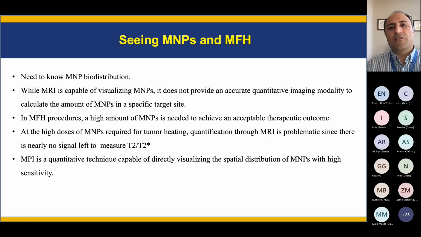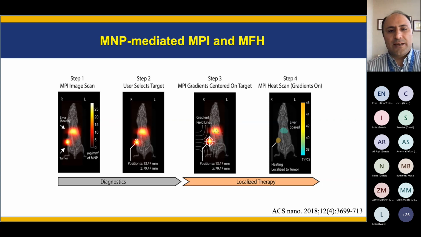So the combination of MPI and magnetic hyperthermia seems to be one of the most promising ways to first see the nanoparticles and then hit the nanoparticles. And here there is a paper, I think there is only one paper in this field so far, published in ACS Nano. The researchers injected magnetic nanoparticles. Here is the tumor and here is the liver, and there is off-target accumulation of nanoparticles in the liver.